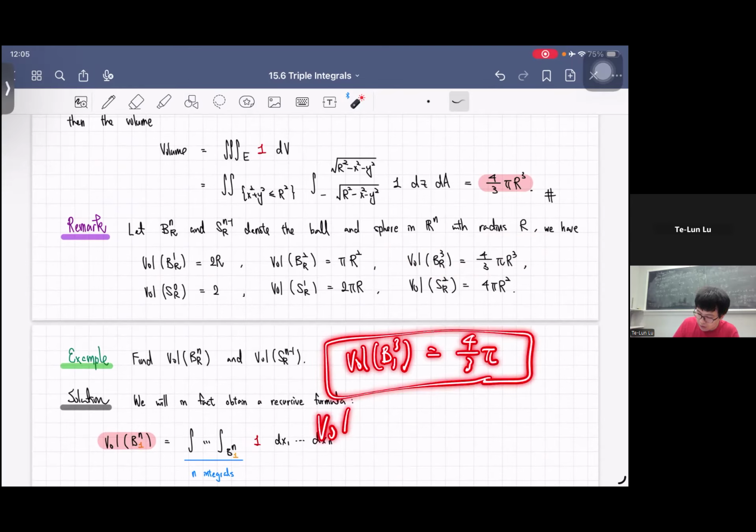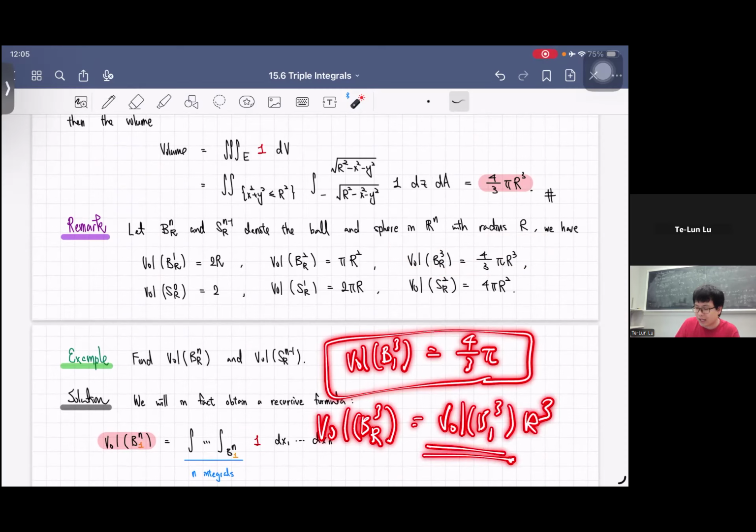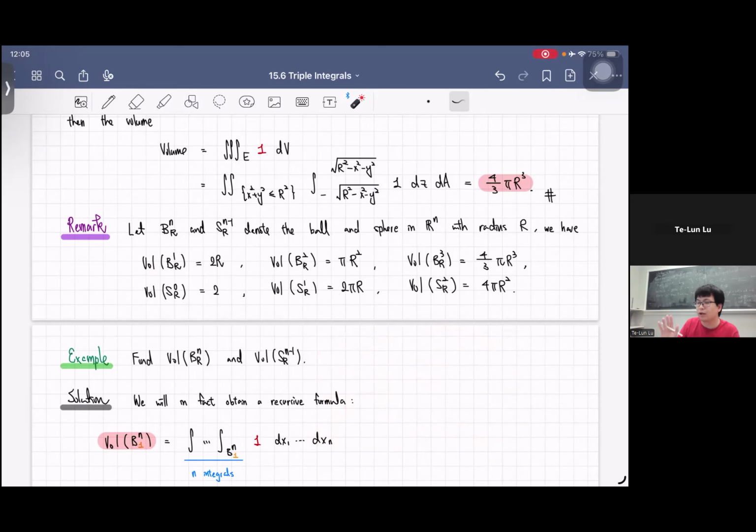And therefore, the 3D volume for the ball of radius r is given by the radius 1 volume times r cubed. Basically the scaling, right? Scaling in r gives you r^n, where n is the dimension of the space.